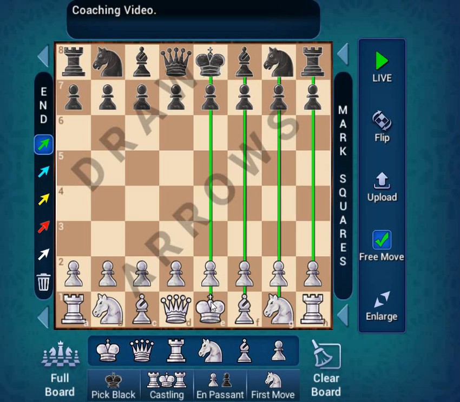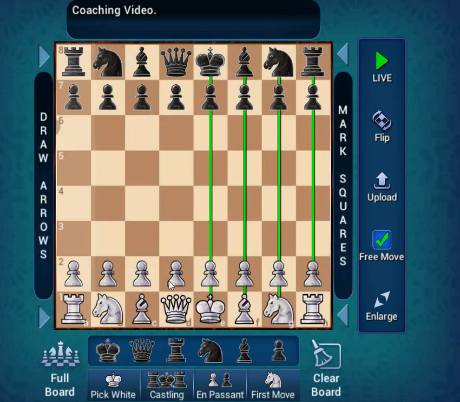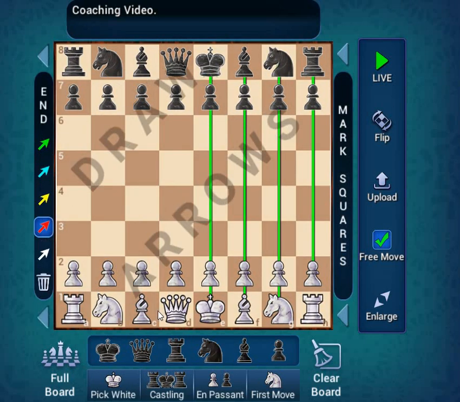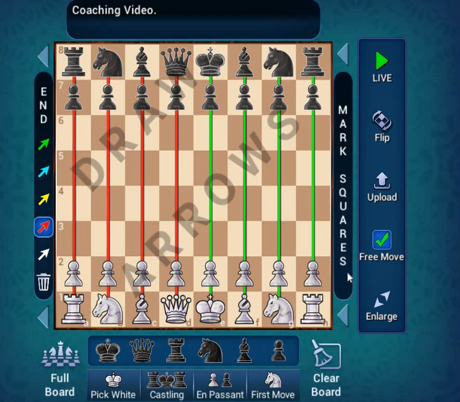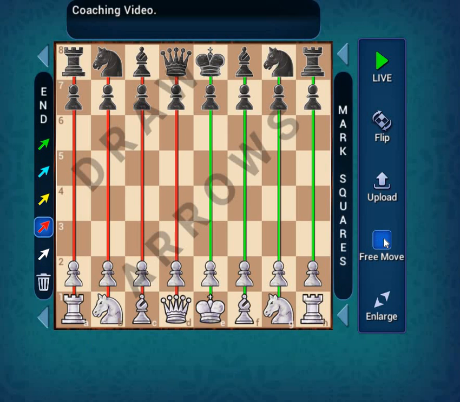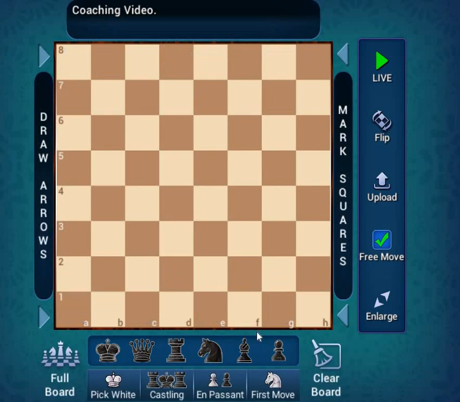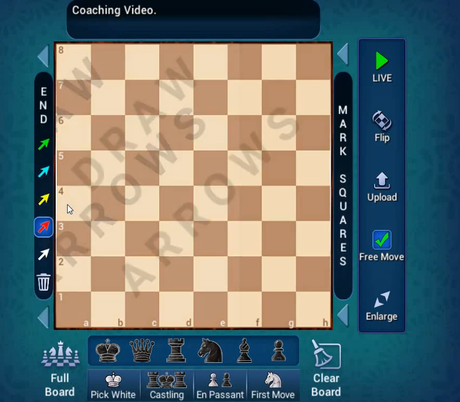It's easy, again the side where the king is, and similarly the queen side of the board is the side where the queen is, and this side I'm going to mark with the red arrow marks. So again, this is very easy. So what I'm going to do right now is clear the board.